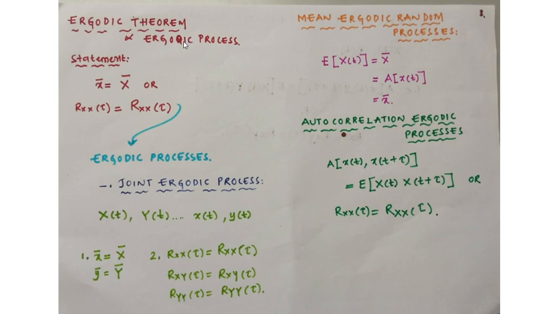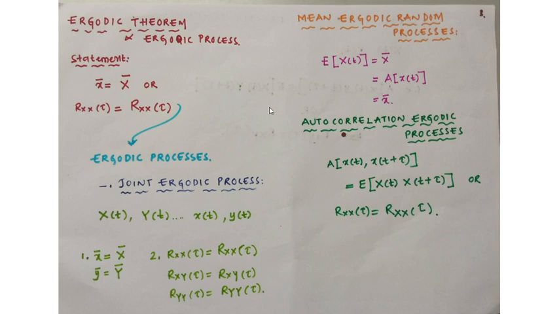We can go with two statements for an ergodic theorem. The first one is that small x bar, the mean of the sample functions at all values, is equal to the mean of the random process at all values, that is, from t equals minus infinity to plus infinity.